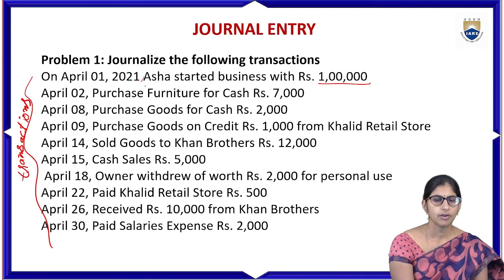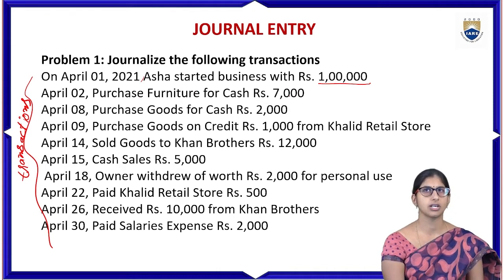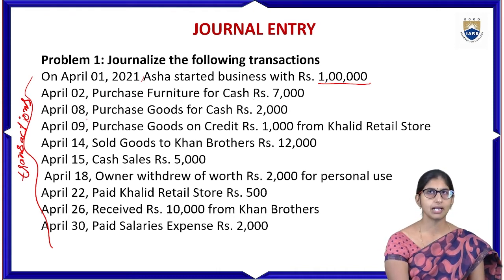And here the first transaction is Asha started business with rupees 1 lakh. And the second one is April 2nd, purchased furniture for cash 7,000. On April 8th, purchased goods for cash 2,000. On April 9th, purchased goods on credit rupees 1,000 from Khalid retail store.